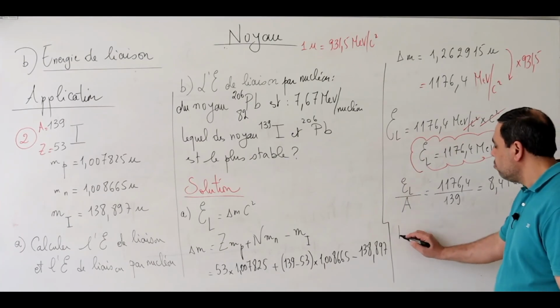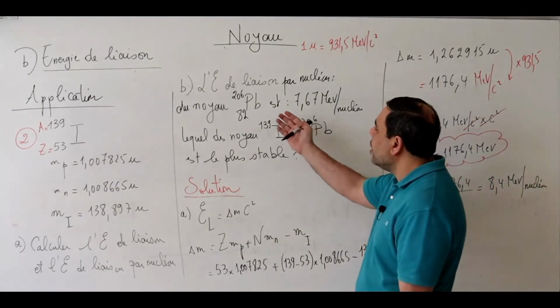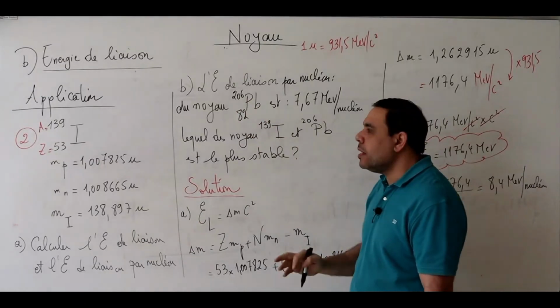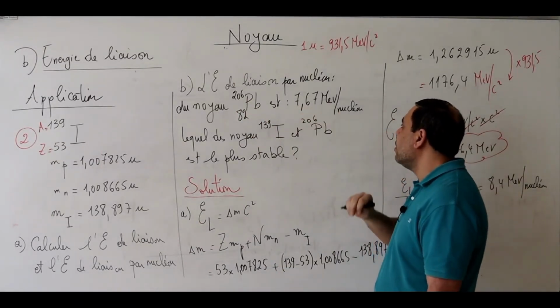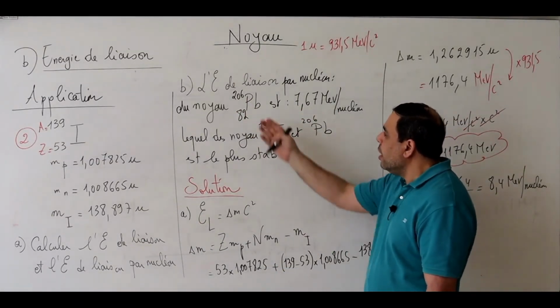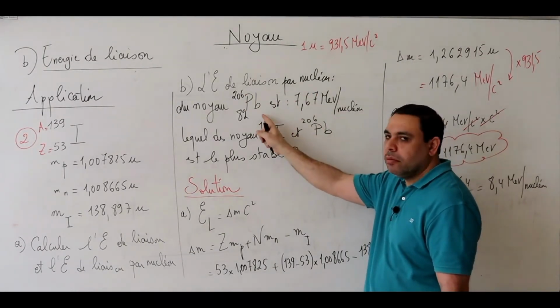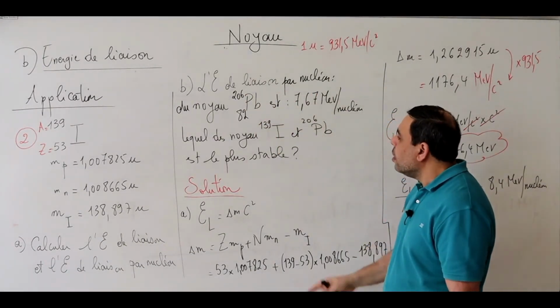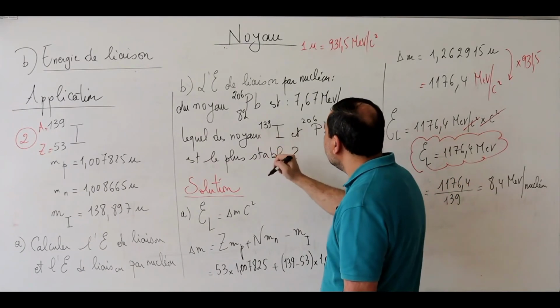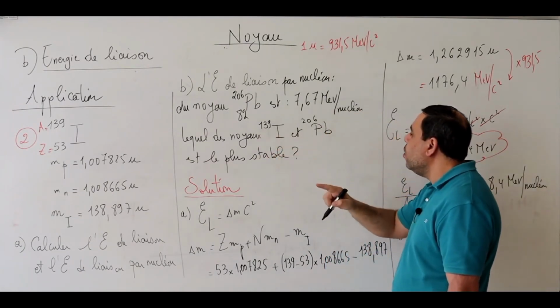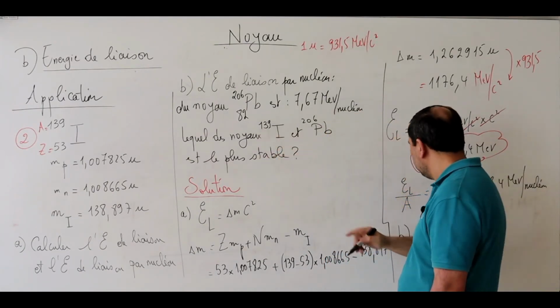In part B, the binding energy per nucleon of the lead 206 nucleus is 7.67 mega electron volts per nucleon. Which of the nuclei, iodine or lead, is the more stable one?